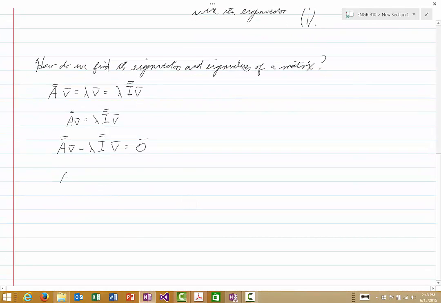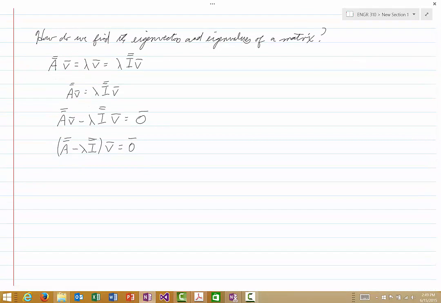This can be written like this: (A minus lambda I)v is equal to 0. Now remember, we're only considering non-zero vectors here for v. So this equation tells us that A minus lambda I is a matrix such that we can multiply that matrix by a non-zero vector and obtain the 0 vector. Well, the only way that can be true is if the determinant of A minus lambda I is equal to 0.